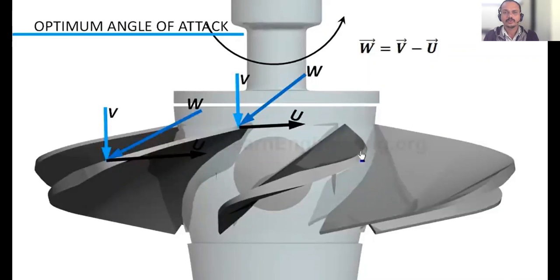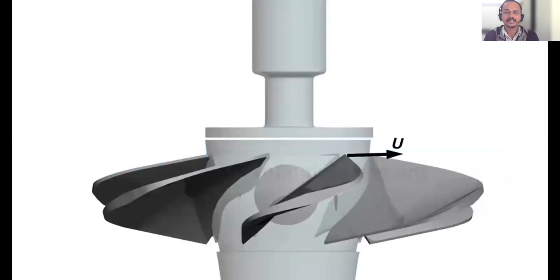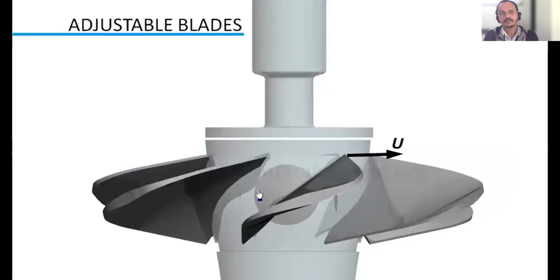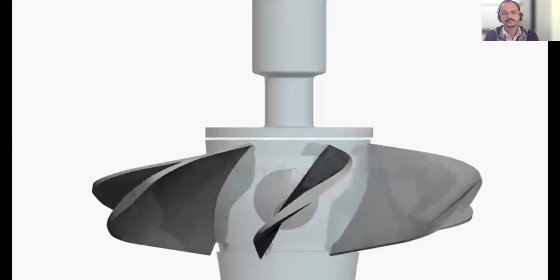So when water flow is very high, these vanes can swing vertical, and when flow gets low, the adjustable blades move towards horizontal. Like this.